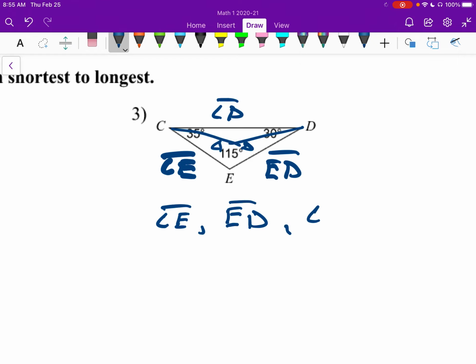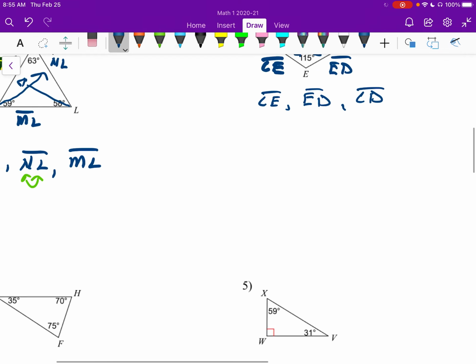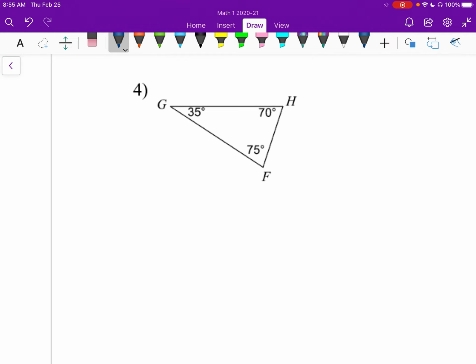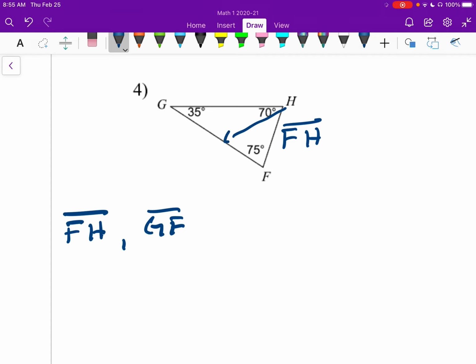And our last one is CD. Moving on. Number 4. The smallest one there is 35, so it's going to be opposite FH. Next up we have 70. Opposite 70 is this side here, which is GF. And then lastly, we have 75, which is GH.